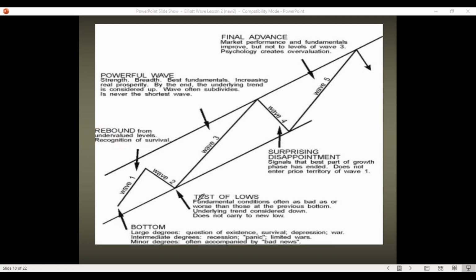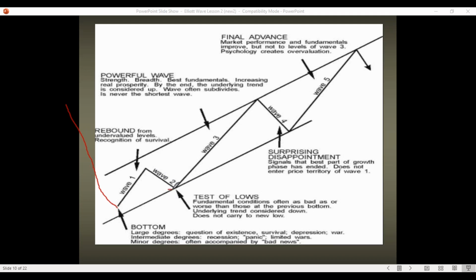Now, what's interesting about wave 2 is that it's a test of the lows, or it's kind of the first pullback after the drop. You've had this big drop, here you have your recognition of survival, and this market starts to move lower, and again, a lot of times the feeling is, here it goes again. It's going to go lower.